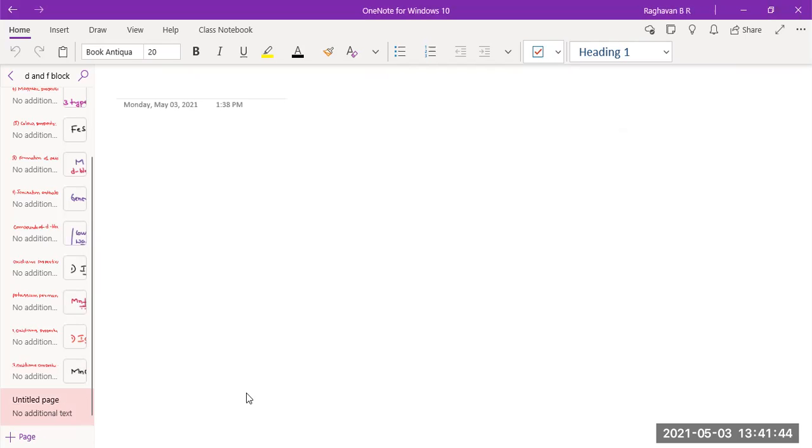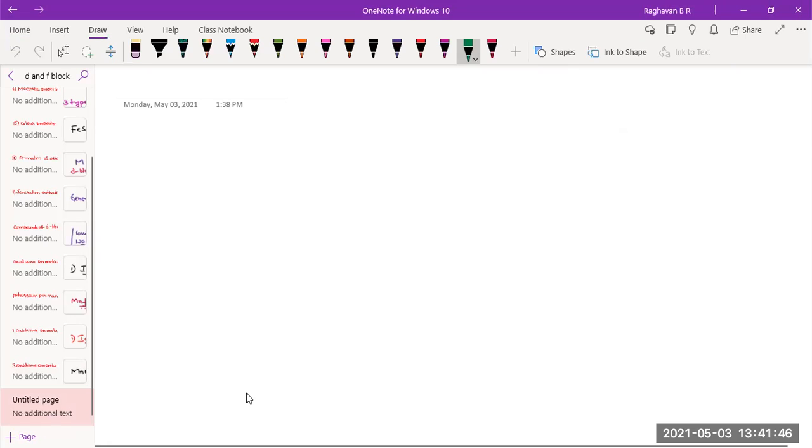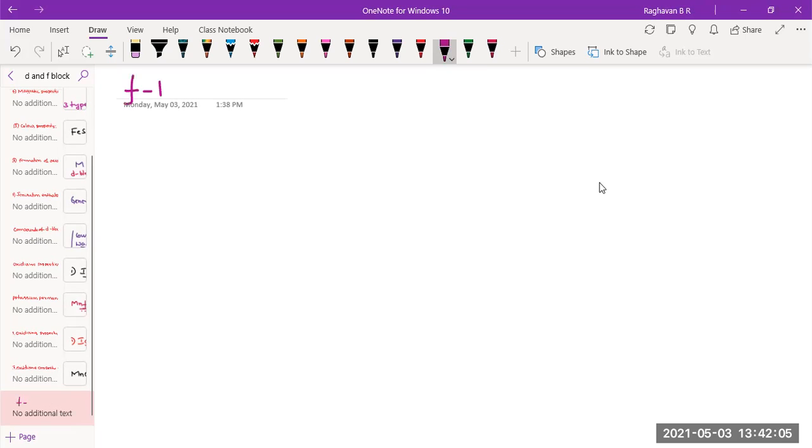So this F block introduction and the general electronic configuration I had given you, correct? Yes, F block. So just to revise once, general electronic configuration.